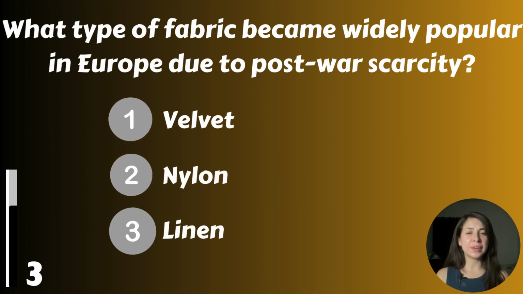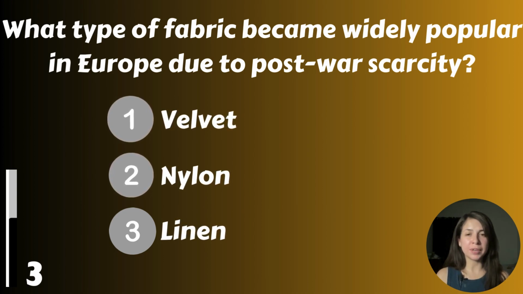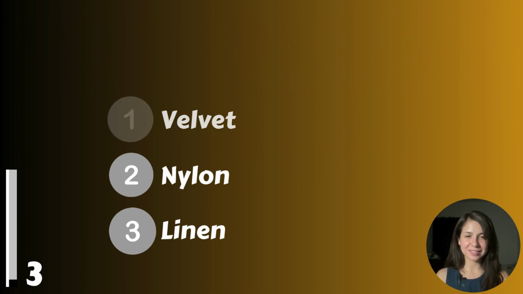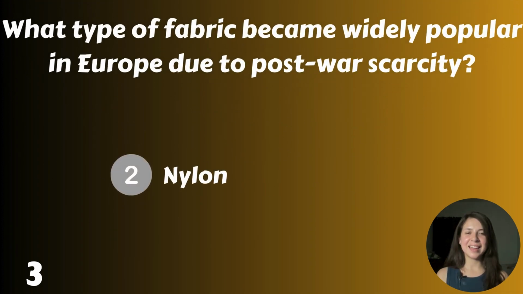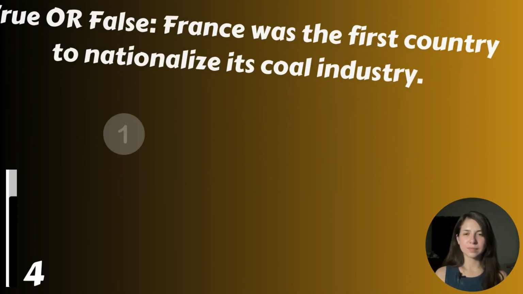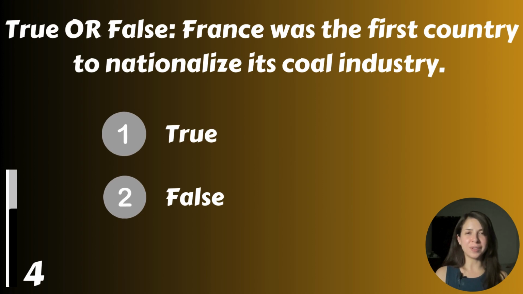What type of fabric became widely popular in Europe due to the post-war scarcity? Velvet, nylon, or linen? Nylon. True or false? France was the first country to nationalize its coal industry.